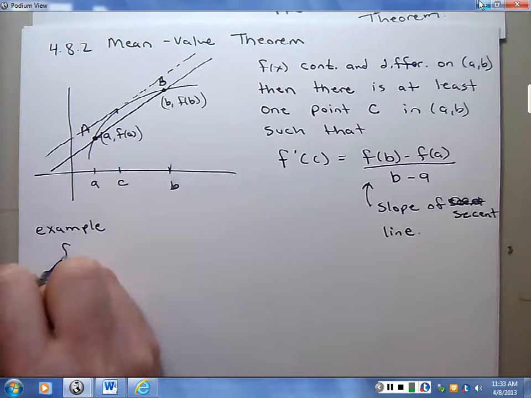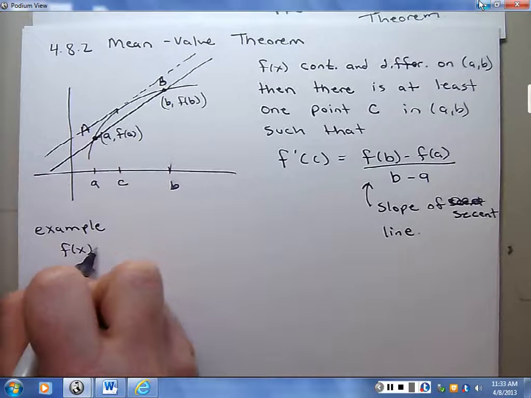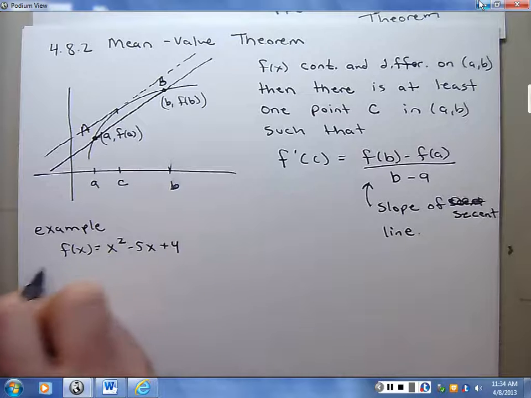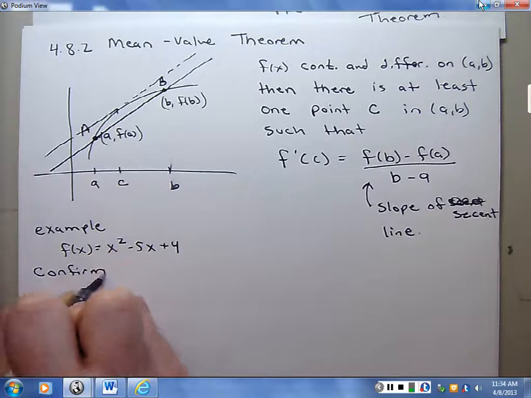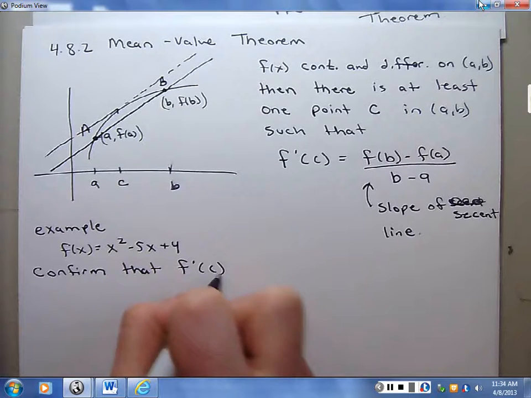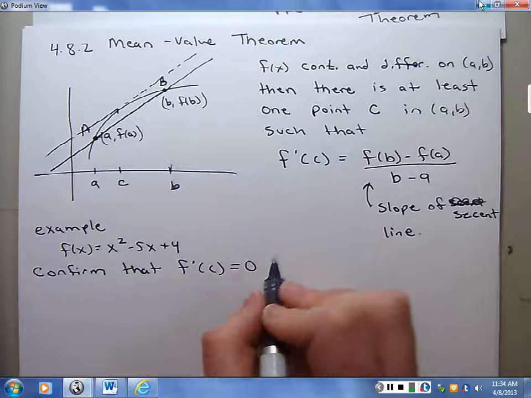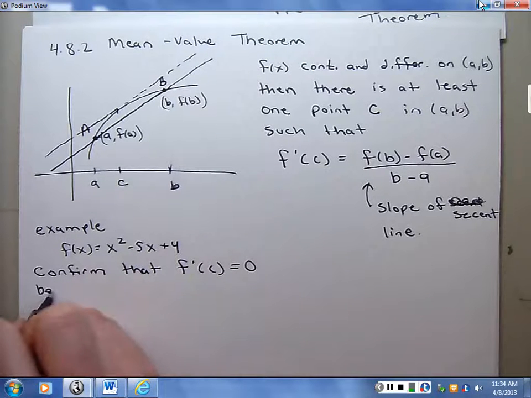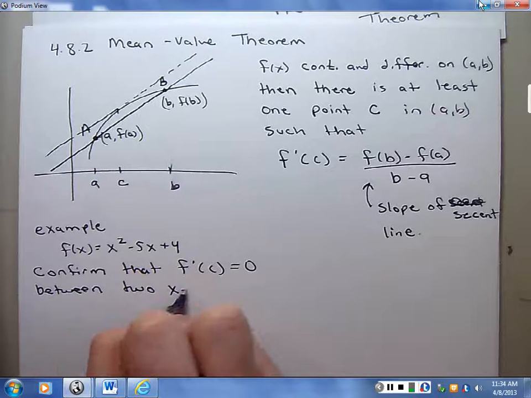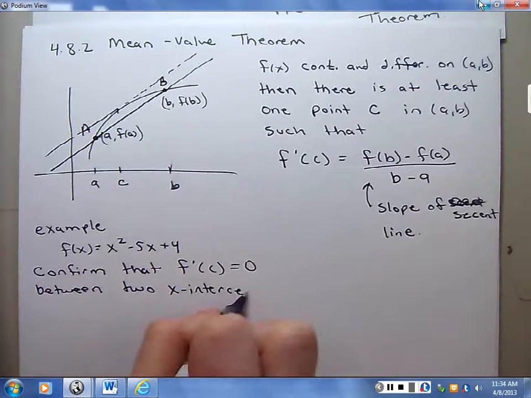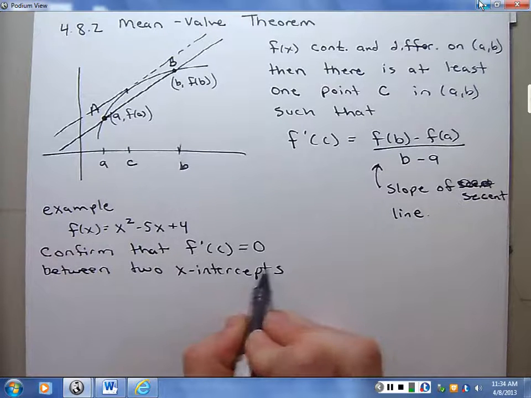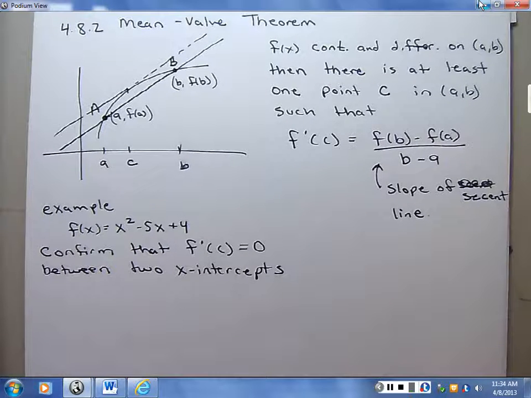So in this case we're going to ask to confirm that f prime of C equals 0 between the two x-intercepts, right? Because the x-intercepts would give me a slope of 0 for this function.